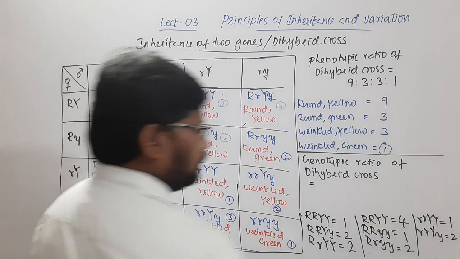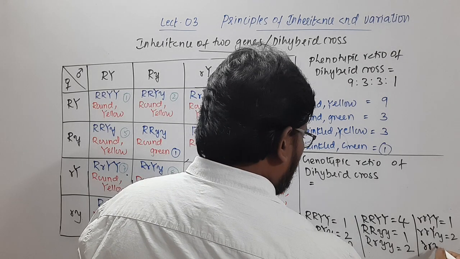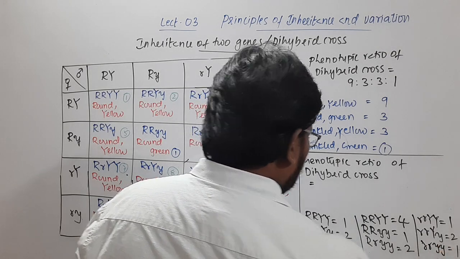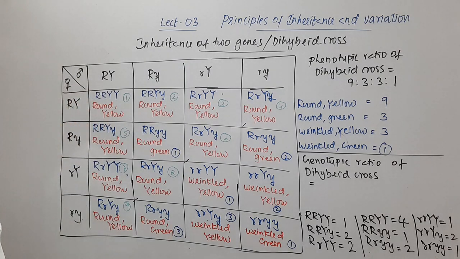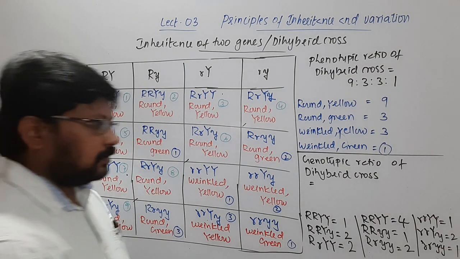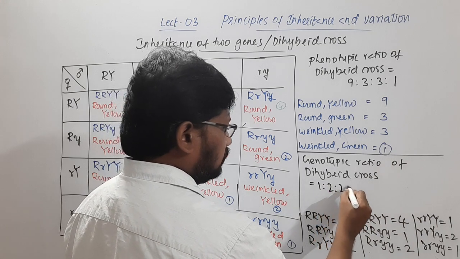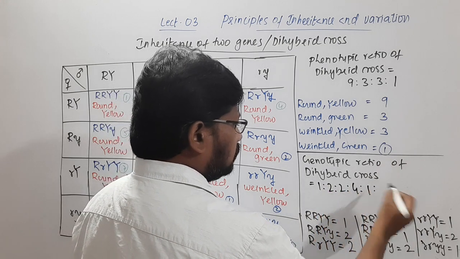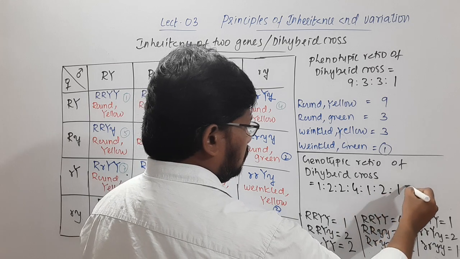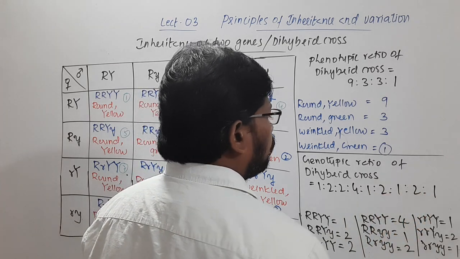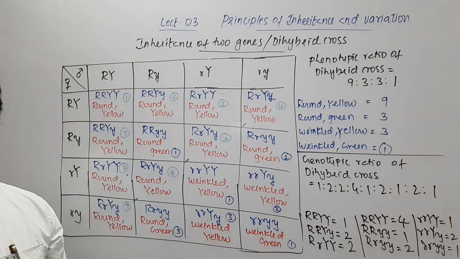And lastly we have small r, small y, which will be 1. So the genotypic ratio will be 1 is to 2 is to 2 is to 4 is to 1 is to 2 is to 1 is to 2 is to 1.